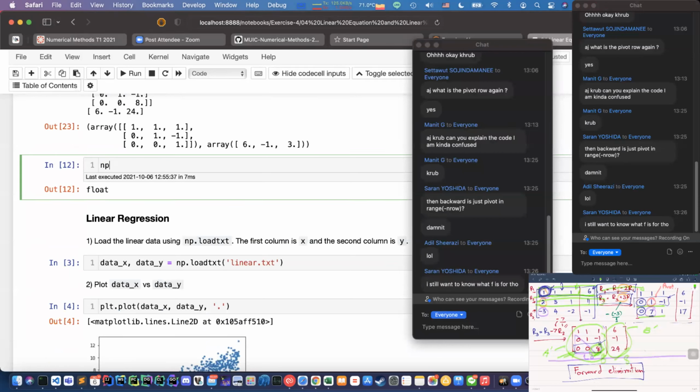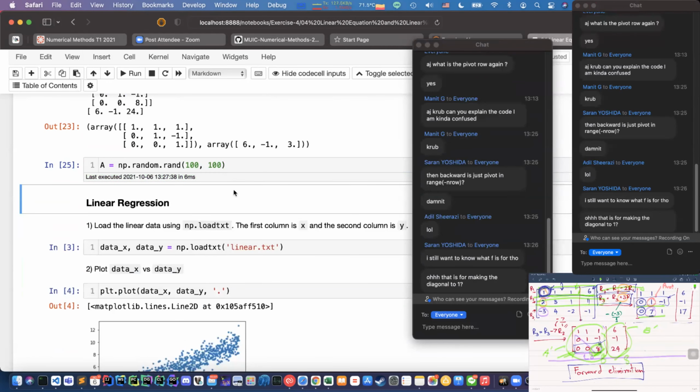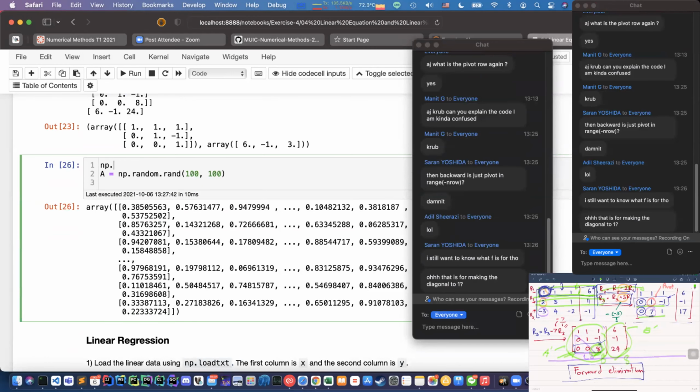np.random.rand, and then you can ask it to do 100 by 100. This is A. It's for normalizing the diagonal, it's going to make your life a lot easier. And before you do that, you do np.random.seed. We're going to learn about what exactly seed does maybe in the next 3 or 4 weeks.